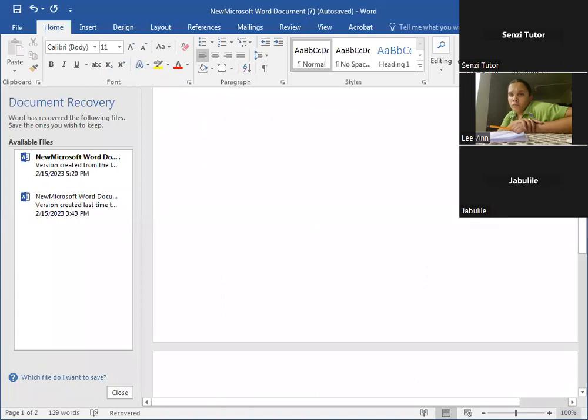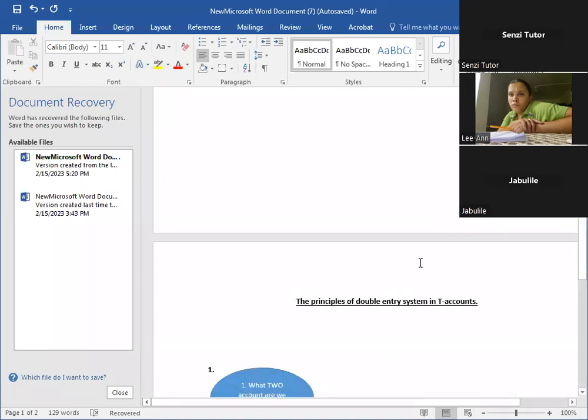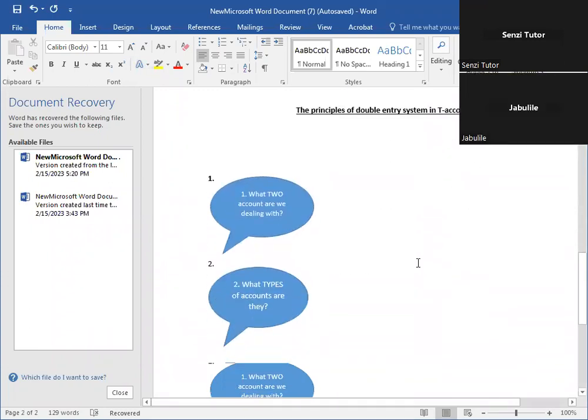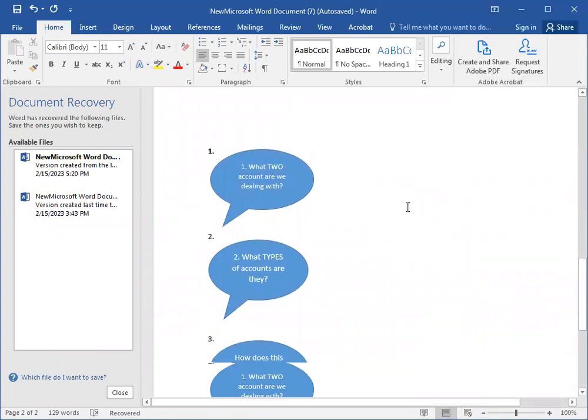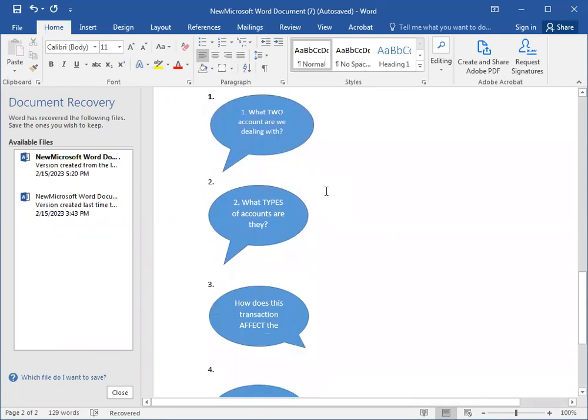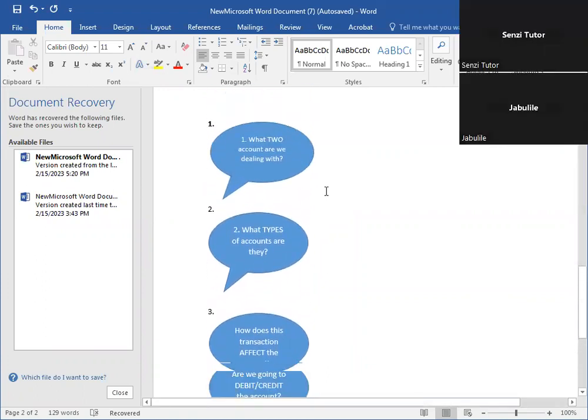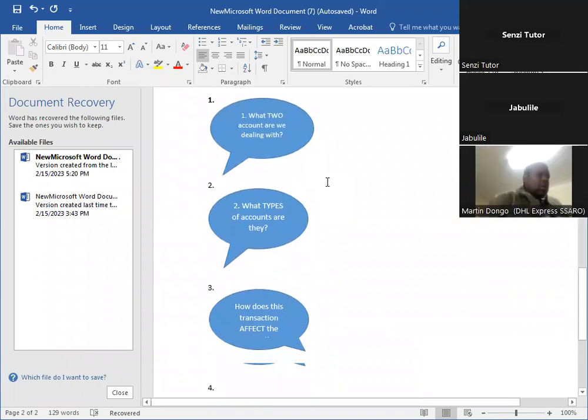We have the information that every transaction that you may face must have its own account. Before you can record your transactions in any T account, you need to consider 4 types of questions. Therefore, in each and every transaction, you must ask yourself 4 questions. First question: what 2 accounts are we dealing with?